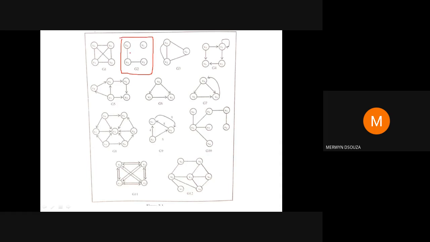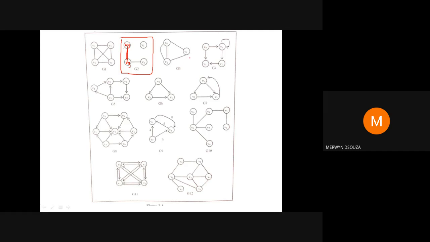If I want to say that vertex V0 is adjacent to vertex V3, how do I claim that? For them to be adjacent, there should be an edge connecting them. Since there's an edge connecting V0 and V3, I will say V0 and V3 are adjacent to each other.